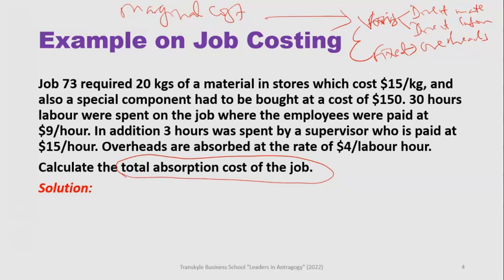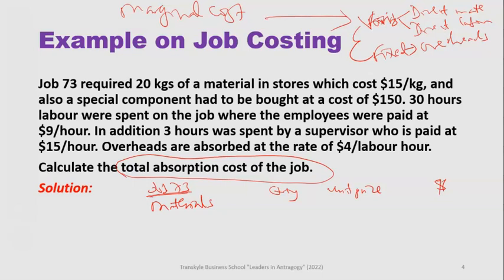We can just easily label this job with this number, job 73, we underline, and we come up with a table that has the quantity, unit price, as well as the dollar sign. Please forgive my handwriting. Alright, so we've got materials.